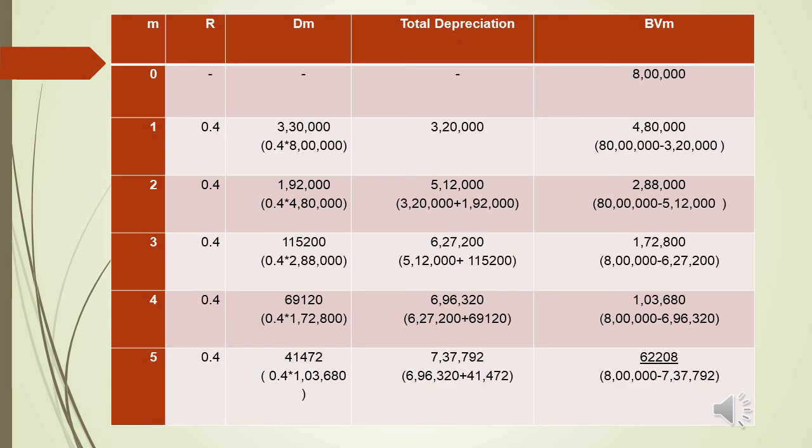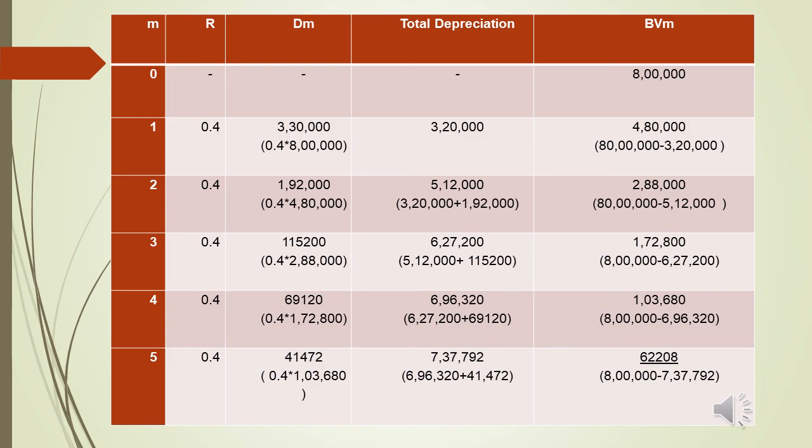Now total depreciation of fifth year is total depreciation of previous year plus DM of fifth year. So 6,96,320 plus 41,472 will give me 7,37,792.